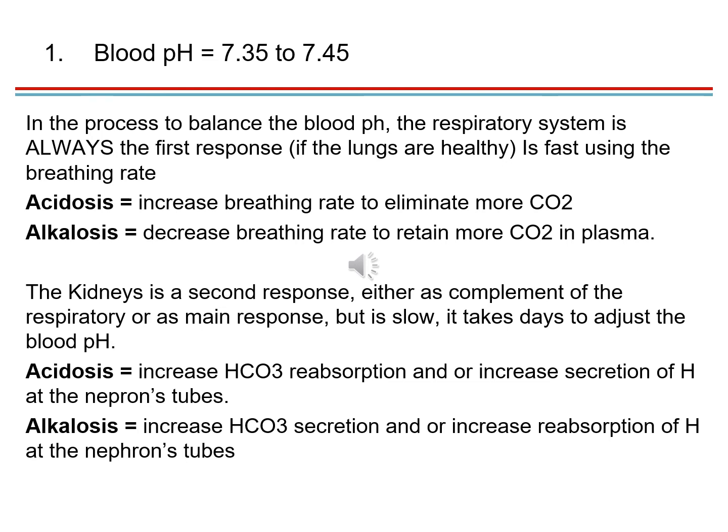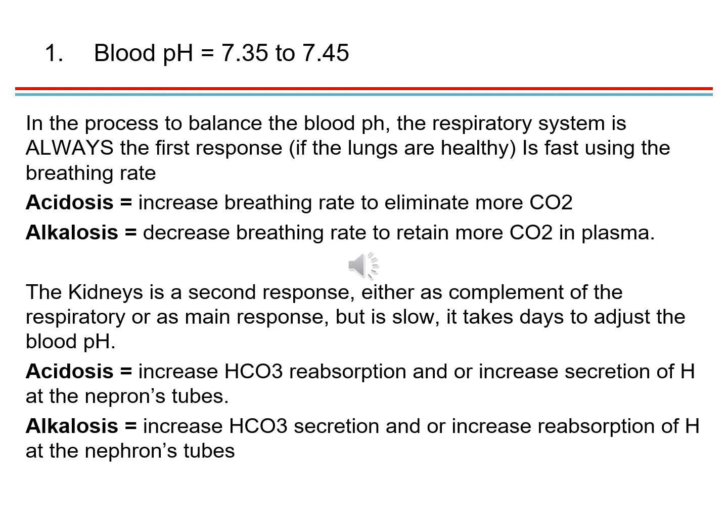Now, a blood alkalosis that is to be compensated by the kidneys uses a different effect. Keep in mind, alkalosis has a very low or reduced level of hydrogen ions. So in that scenario, we need to increase the secretion of bicarbonate because we don't want reabsorption of hydrogen.